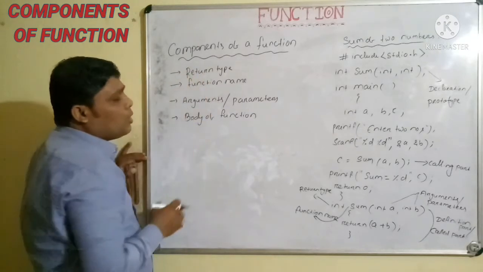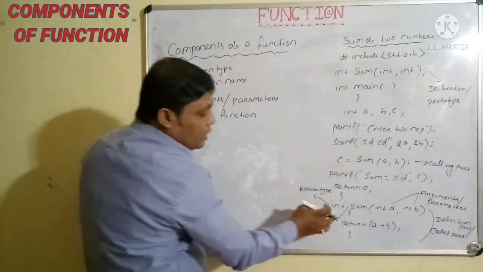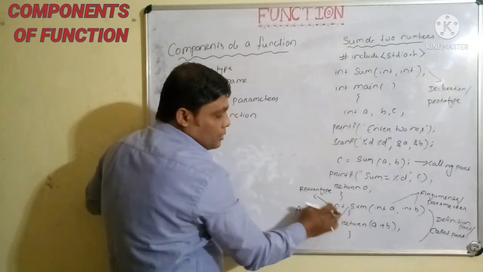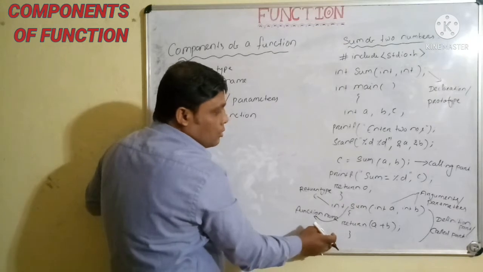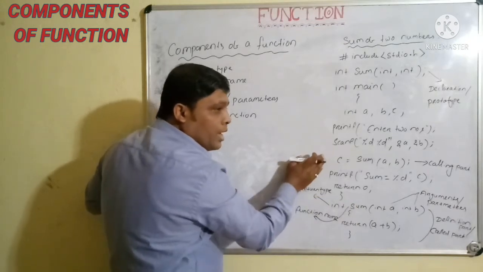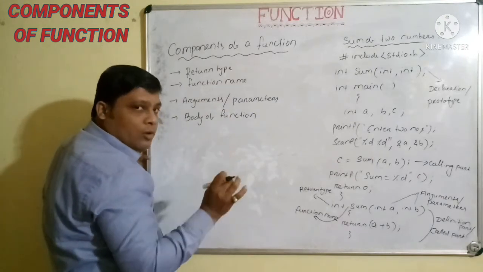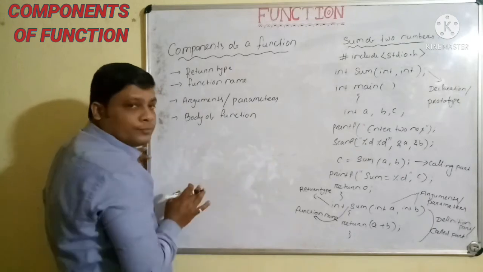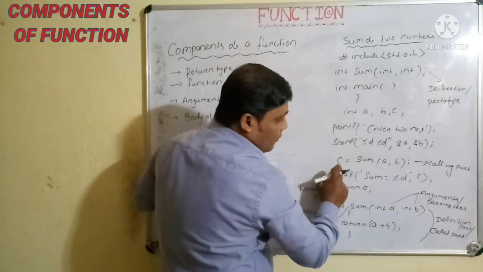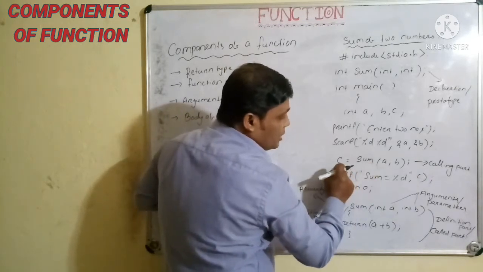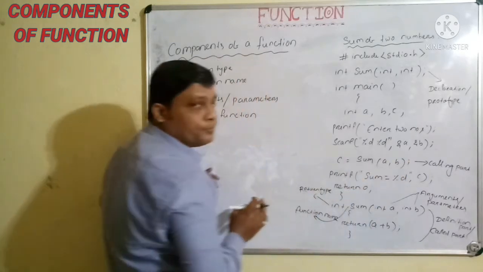Then come to this return type. What is return type? The type of value a function is returning is called the return type. A function returns a value to the place from where it is called. In this example, I have called this sum function, c = sum, passing the parameters a and b.